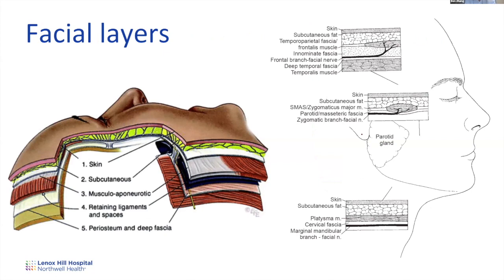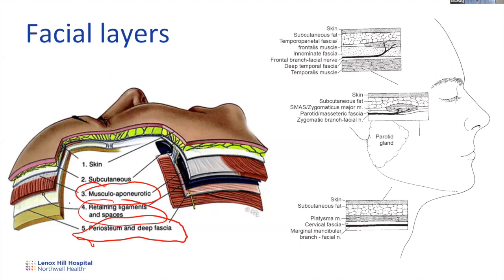If you start on the left image, on the left side, you'll see the periosteum, the tissue surrounding the bone, along with the deep fascia right here. That's the deepest layer. Above that, depending on where you are in the face, you can have some ligaments, some spaces right here. And then there's an important muscle and fascia layer right here.